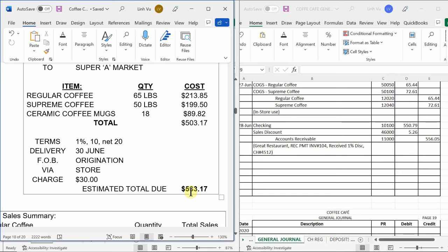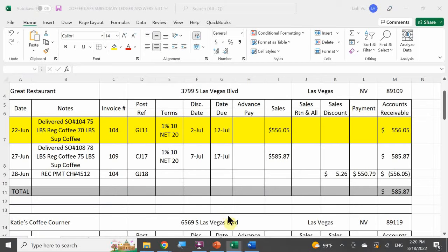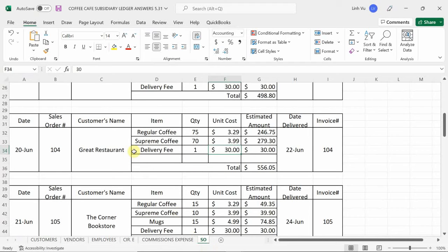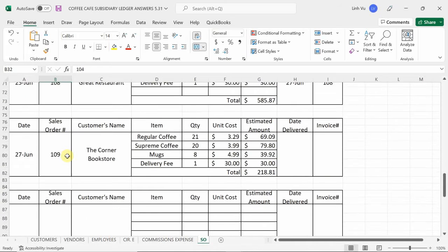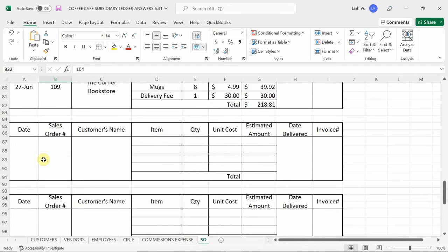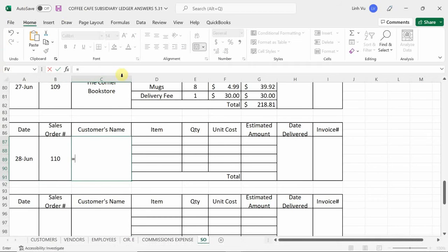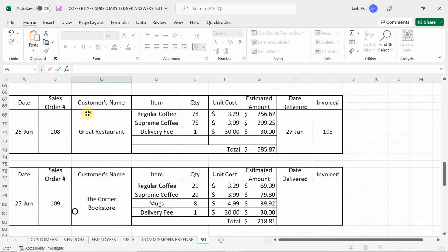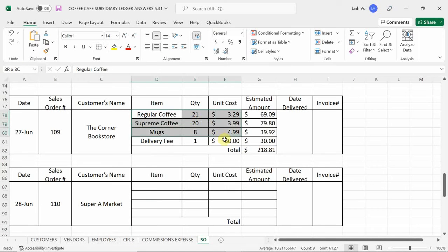We just need to fill the sales order on the subledger. So in this case, let's go ahead and see. This is sales order number 110 to Super A Market. They want all of the above.